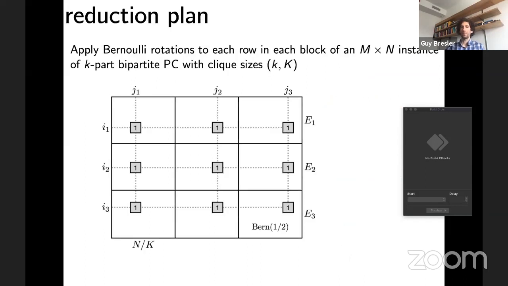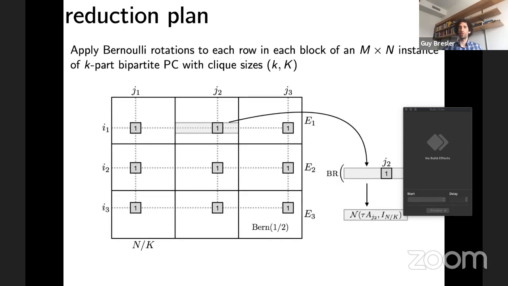Okay, so the plan is as follows. One starts with a k-partite bipartite instance of planted clique, which looks like this. There are these partitions of the vertices on each side, which result in these blocks. There's a single one there, which corresponds to the clique vertex. We apply Bernoulli rotations to get a Gaussian vector with some mean.